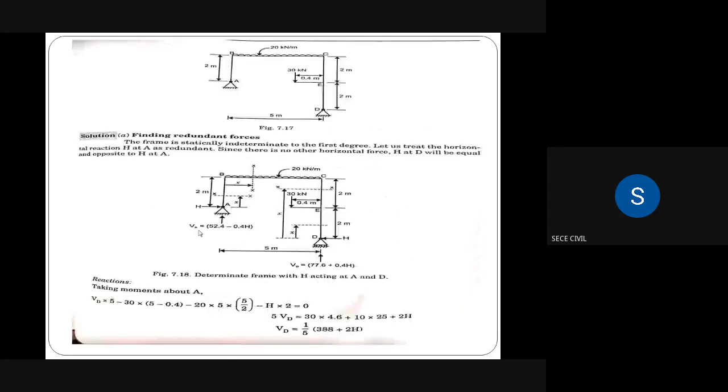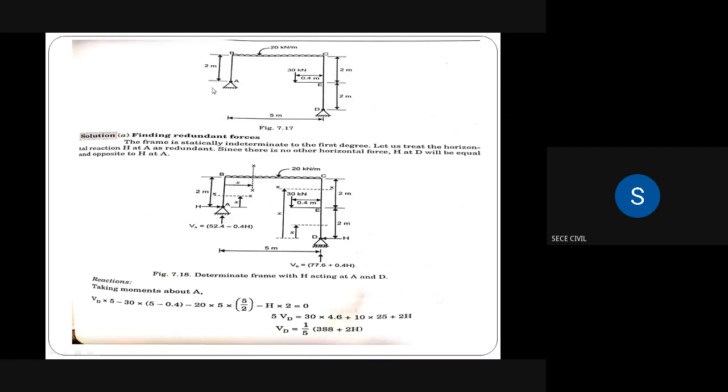So the given figure is like this. It is also a frame, and it is unsymmetrical based on the span length. AB is 2 meter and CD is 4 meter, so the lengths are different.